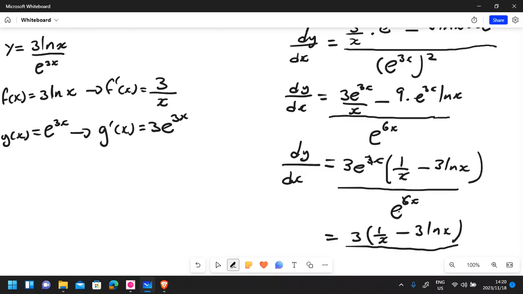Now what is our answer here? This is going to give us e to the power of 3x. There we go. So this is it, guys. This is our final answer.